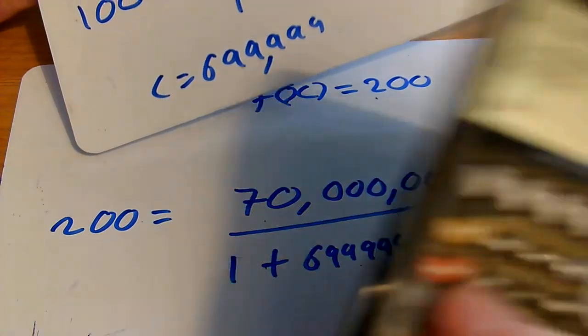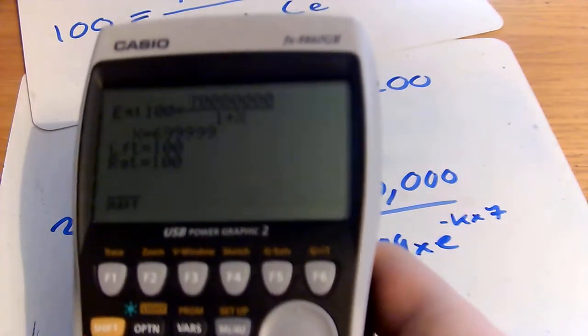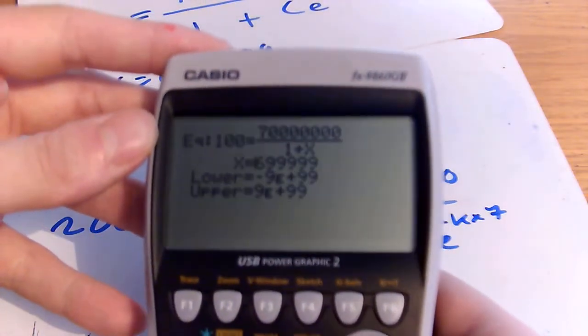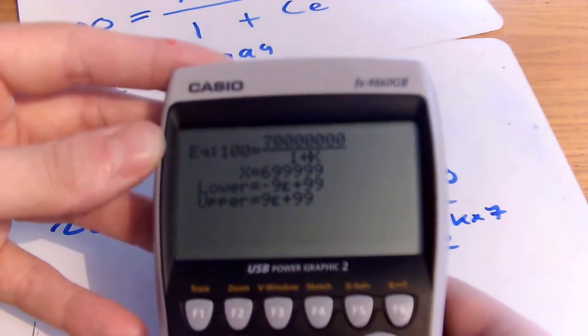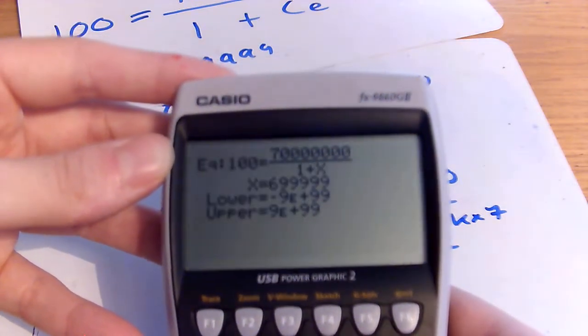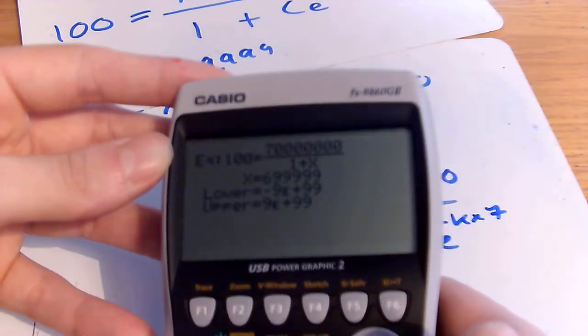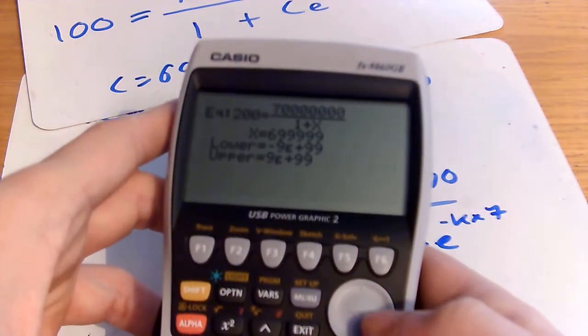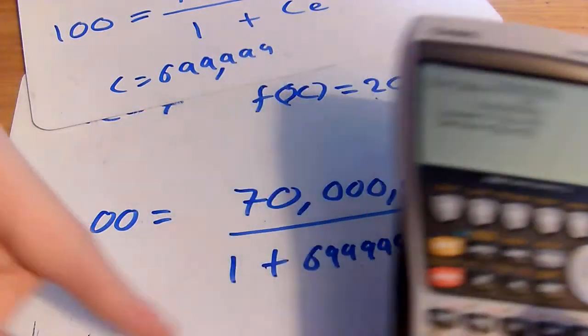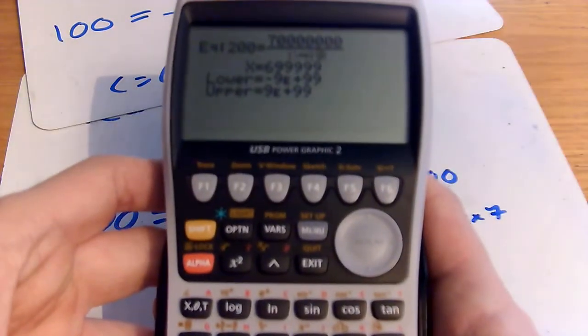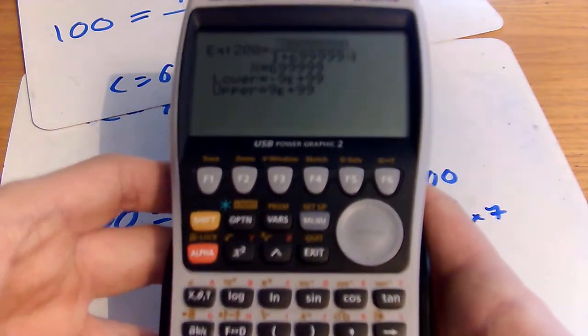We'll go on here and we'll do the same process, but with the new values. So let's go up to the equation there. I'll start from the left-hand side. So we've got 200 there, same number on the top, still 1 plus, but this x, we know that now because that was the number from before. So that's 699,999 multiplied by e.